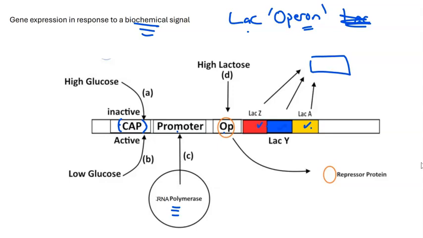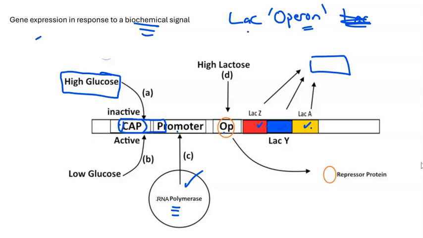Now, under the influence of high glucose levels, what happens is that the CAP overlaps the promoter region and prevents the binding of polymerase. This means that the operon does not become active and the lactose is not digested or absorbed into the bacterial cell.